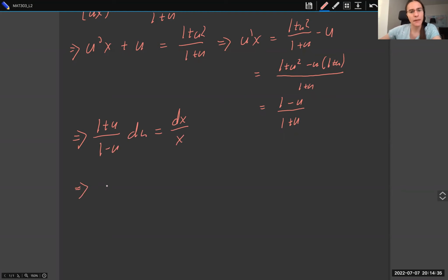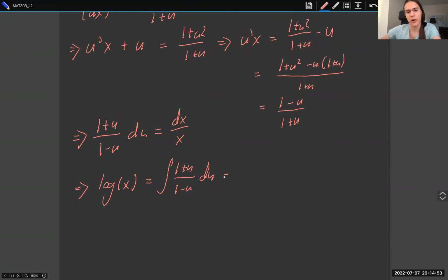And so the logarithm of x, which is what I get by integrating, is equal to the integral of 1 plus u over 1 minus u du.